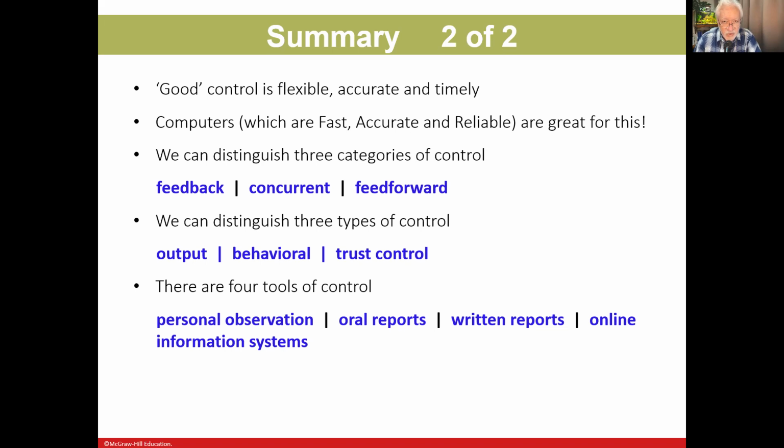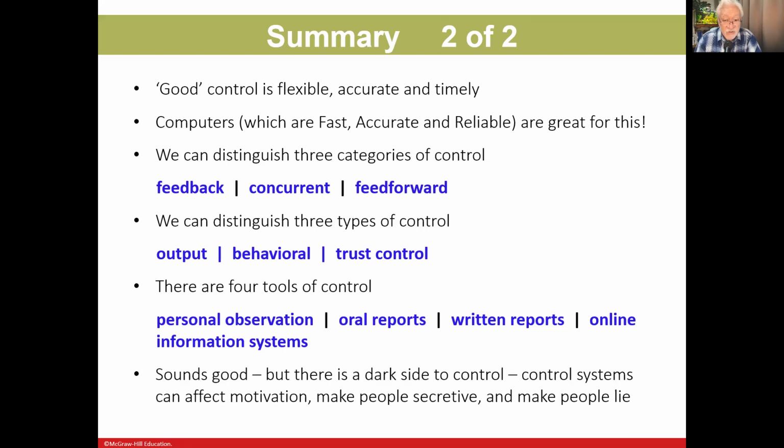We can get feedback, and that feedback can be oral, or it can be written, or it can be something a computer provides. So that, I have to say, all sounds good, but there's a potential downside, and this dark side is when people start to adjust their performance because they don't like the observation.